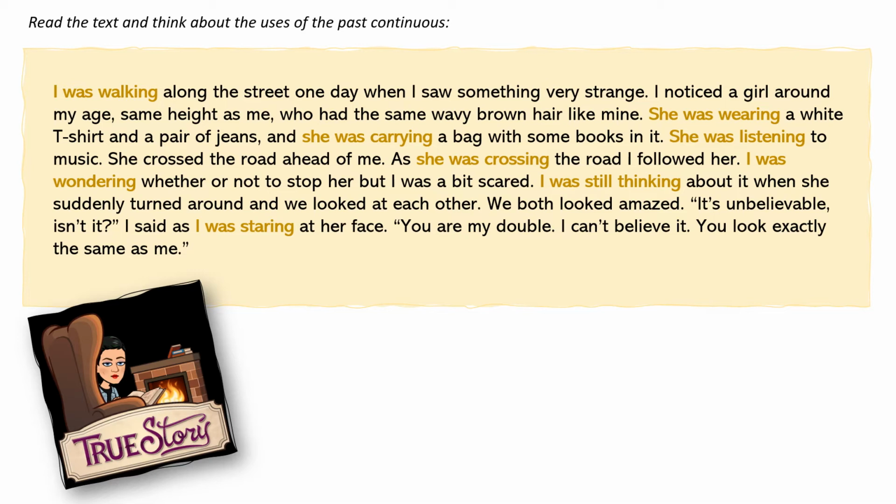As she was crossing the road, I followed her. I was wondering whether or not to stop her, but I was a bit scared. I was still thinking about it when she suddenly turned around and we looked at each other. We both looked amazed. "It's unbelievable, isn't it?" I said as I was staring at her face. "You are my double. I can't believe it. You look exactly the same as me."